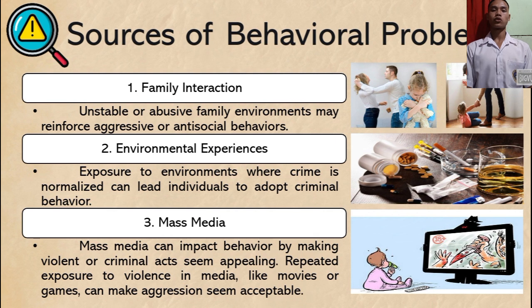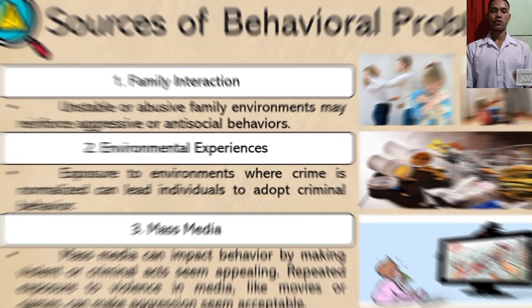Their exposure to media that shows violence as exciting has influenced their behavior, possibly leading to actions like vandalism or fighting. In short, mass media can shape how people think and act, which can sometimes lead to criminal behavior.